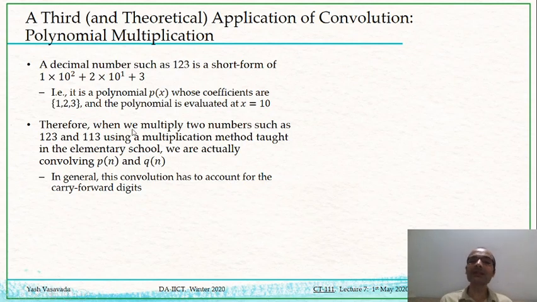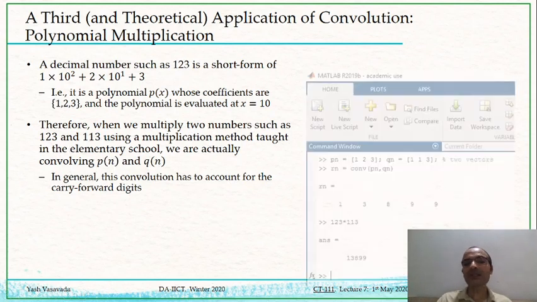You will use the technique of multiplying two numbers that you would have learned way back, maybe 10 years back. But that process is actually convolution, the kind of operation that we saw using that Georgia Tech demo. There's a slight caveat that in the actual multiplication you may have to be careful about carry forward digits, but otherwise it is exactly the process of convolution.